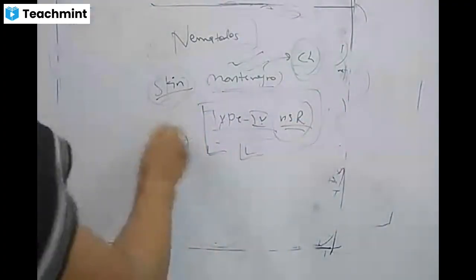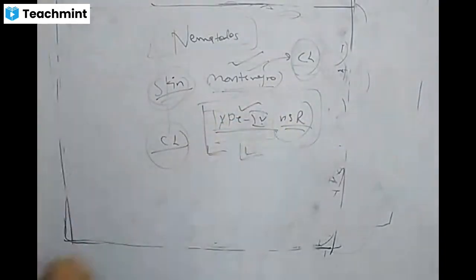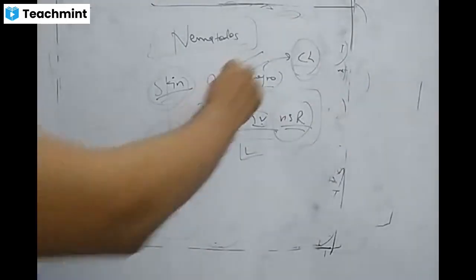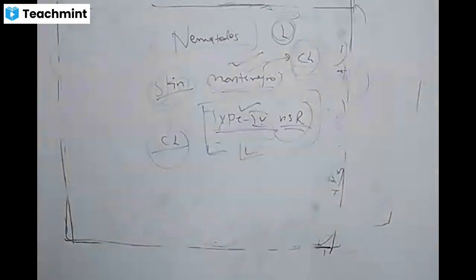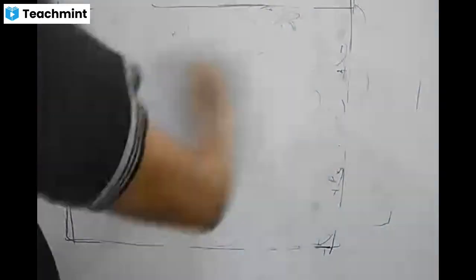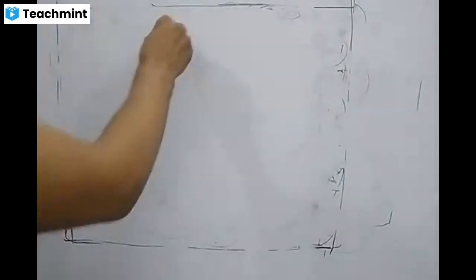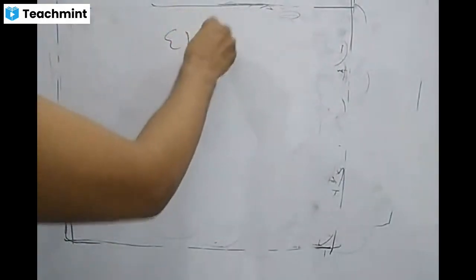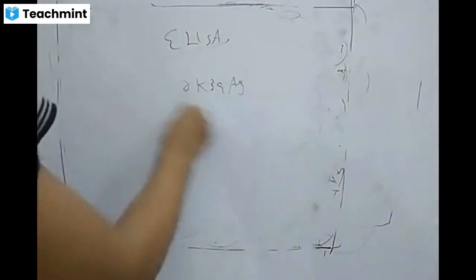So 3 points are important for Montenegro. One is cutaneous leishmania, and one is type 4 hypersensitivity, and this test is for the Leishmania protozoa. No need to go into much detail of Montenegro because there are many tests like antimony, Chopra's test, and one more test: if you look at the ELISA test, there is RK39 antigen.